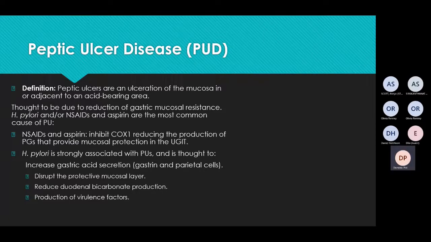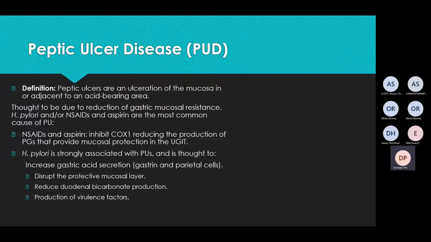The two most common mechanisms that you'll hear about are NSAIDs, so non-steroidal anti-inflammatories, and aspirin, which inhibit cyclooxygenase 1, an inflammatory chemical in the body, which helps as an anti-inflammatory, so it helps with pain. However, COX-1 also helps protect the mucus in the upper GI tract.